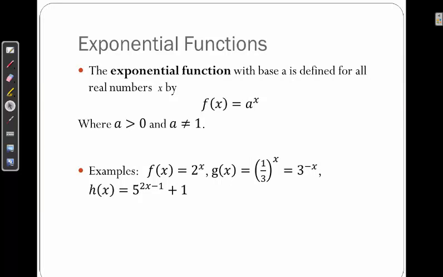The exponential function with base a is defined for all real numbers x by f of x equal a to the x, where a greater than 0, a not equal 1. So a simple example would be 2 to the x, or 1/3 to the x, or 3 to the negative x, or 5 to the 2x minus 1 plus 1.